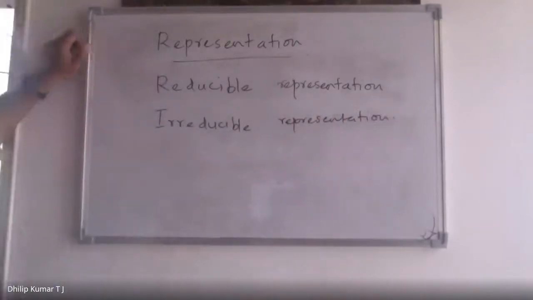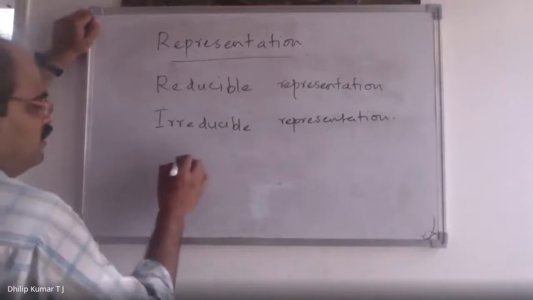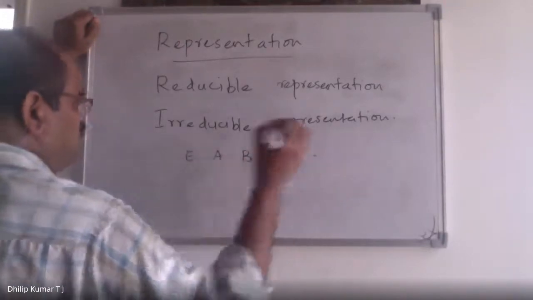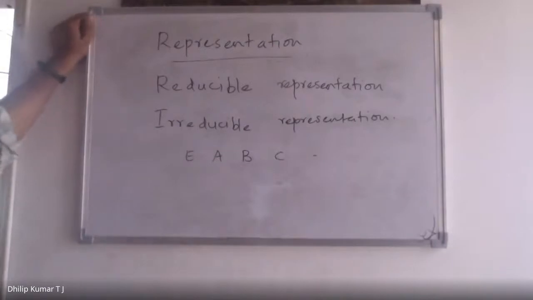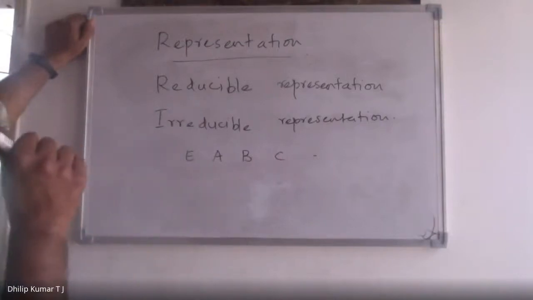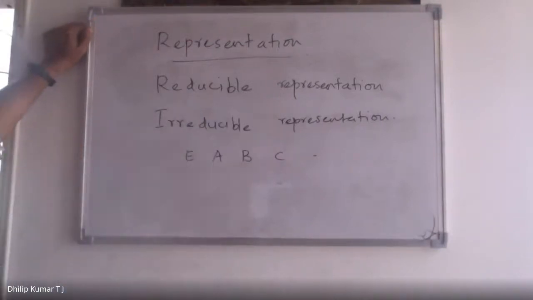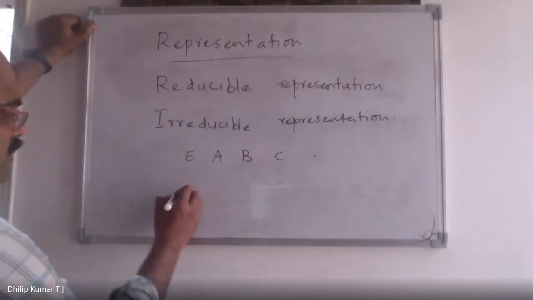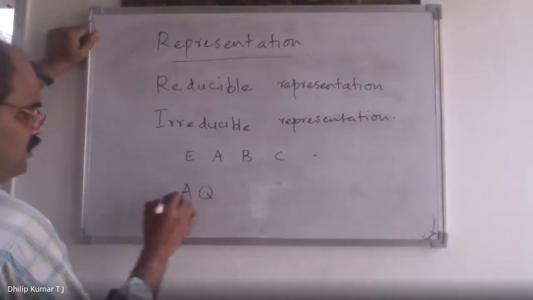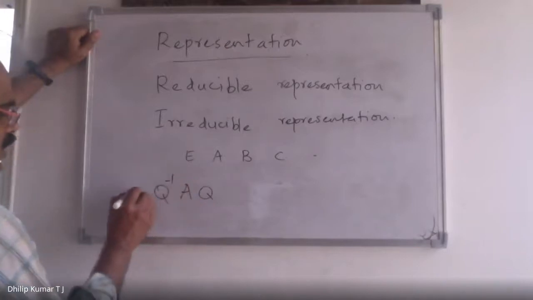Say in a group you have a few elements E, A, B, C, whatnot, and if you perform a similarity transform, these are in matrix form. E is in matrix form, A is in matrix form, B is in matrix form. All the operations are in matrix form. And if you can perform this operation, say on A, take its Q inverse, you can convert to another form.